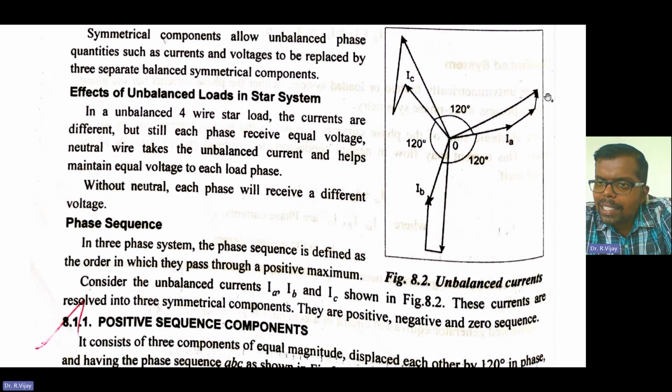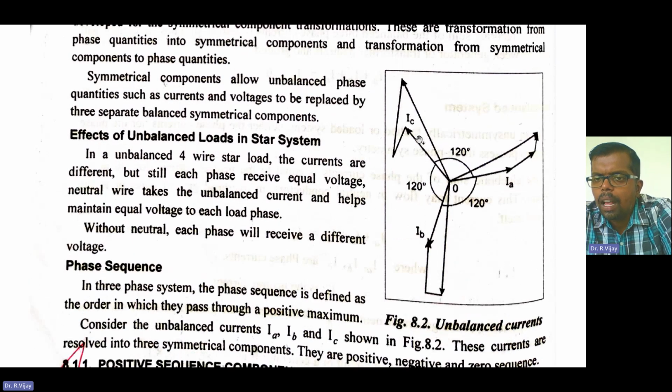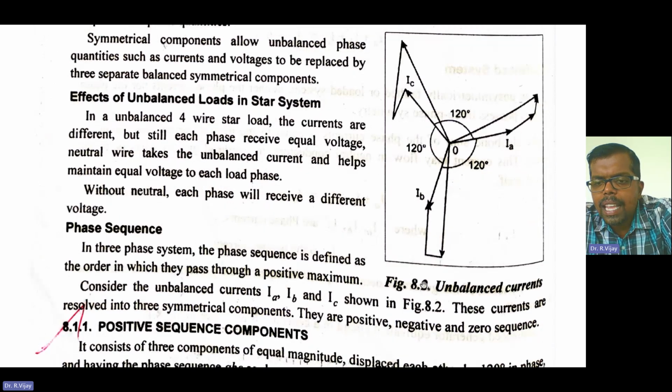So this is the resultant one for Ia, and similarly for all the phases. For Ic, this is the resistance component, this is the reactance component, and this is the resultant component. Similarly for Ib, this is the resistive component, this is the reactive component, and this is the resultant component. Like that, these are the unbalanced currents Ia, Ib, and Ic.